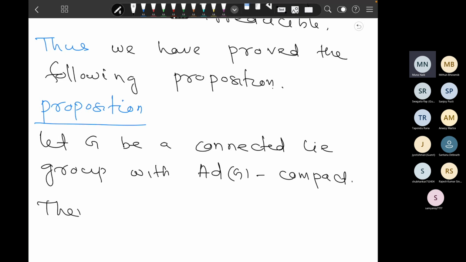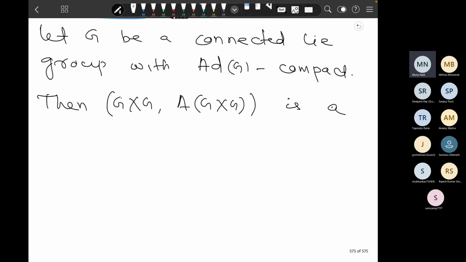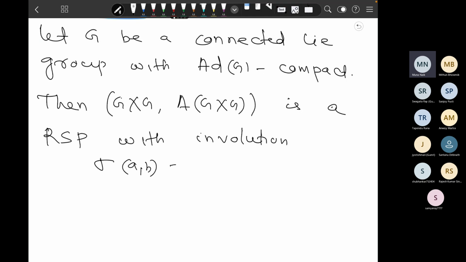Then G cross G, delta G cross G, is a Riemannian symmetric pair with involution sigma of (A, B) equal to (B, A).